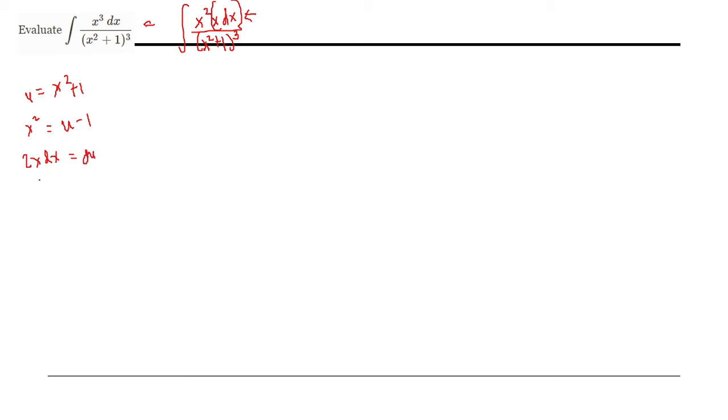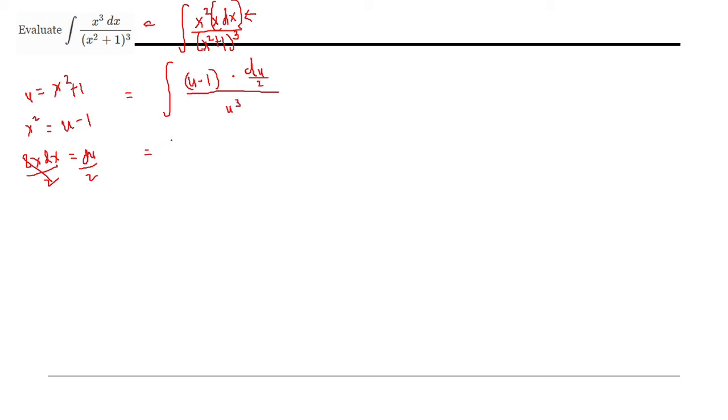So therefore, x dx is du over 2. So x squared is u minus 1, x dx is du over 2, all over u to the power of 3.